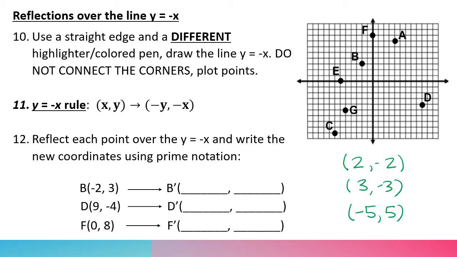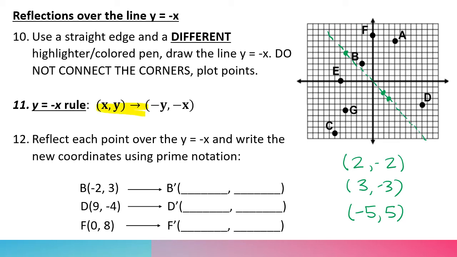So take a minute and plot these points on your graph so that we can establish the line y equals negative x. And once you've plotted those points, you can draw a diagonal line through them. Your line will go through the origin. However, your line will not go through the corners of the graph.